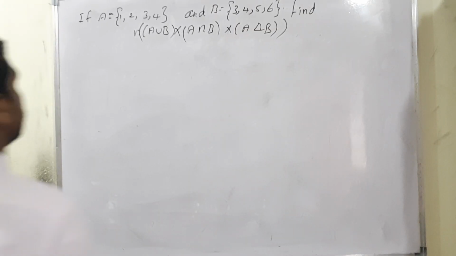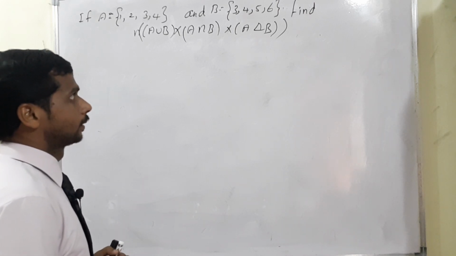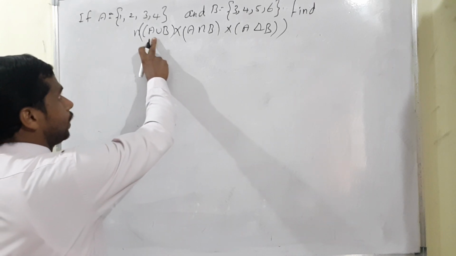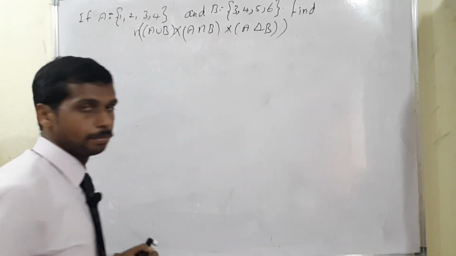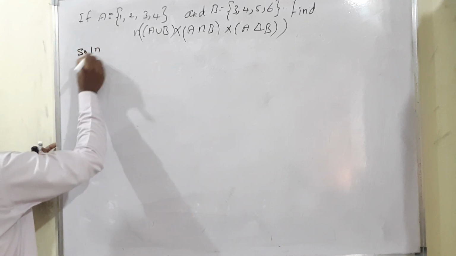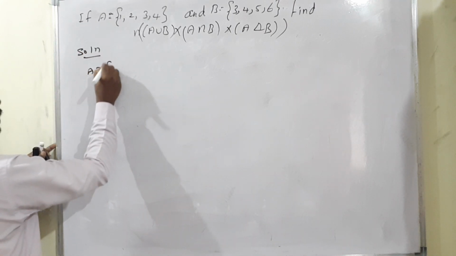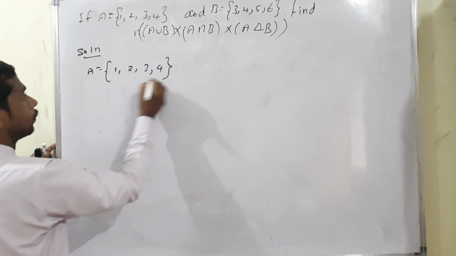So 1.8 question, if A is equal to 1, 2, 3, 4, B is equal to 3, 4, 5, 6. We have to find out number of A union B, A intersection B, A symmetric B or A difference B. So now first solution, given condition A is equal to 1, 2, 3 and 4.